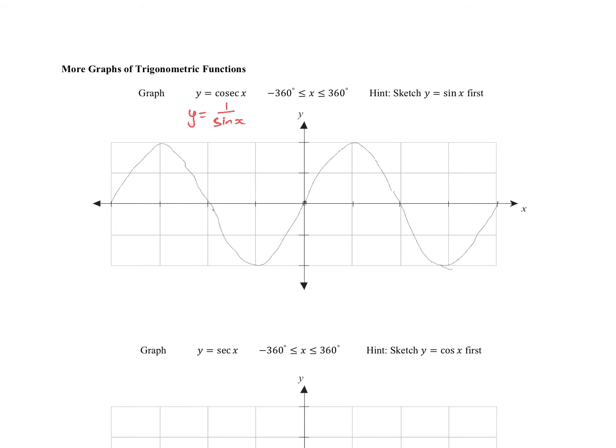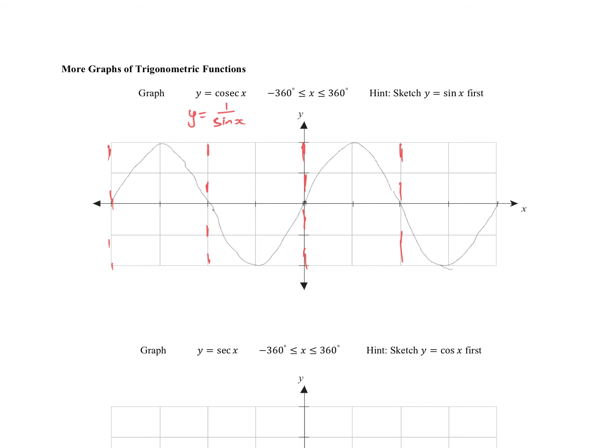We can't have a graph at sine x equals 0. So anywhere that sine x equals 0, we're going to have an asymptote. It's similar to what we just did, in the sense that it's not connected.